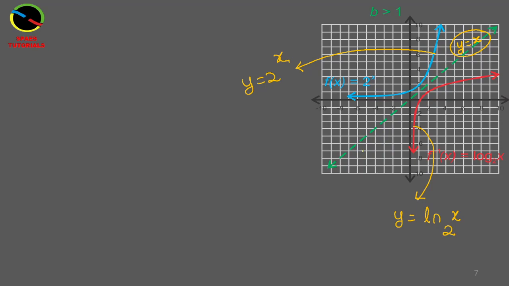Similarly, if you see your face in the mirror, you will look as you are. Now similarly, the y is equal to 2 power x graph is going to see itself in the y is equal to x line as a mirror, and how it looks is nothing but the y is equal to log x graph. So that's how this image shows that they are mirror images.